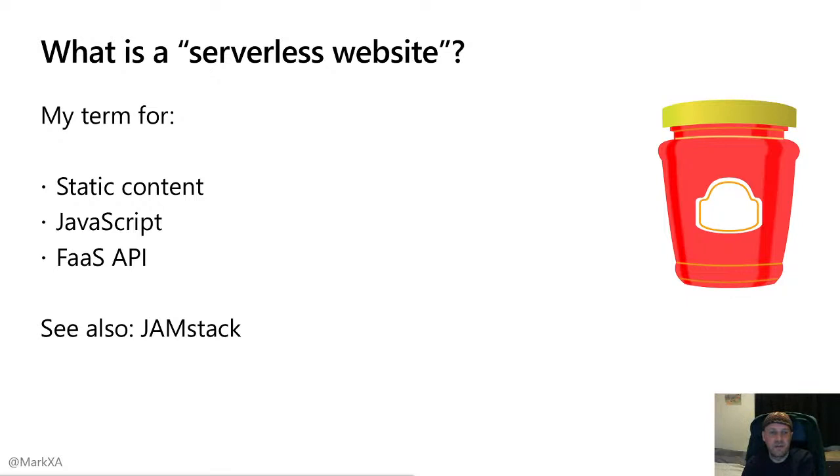And as long as you're running that on functions as a service, some sort of serverless API stack, then you can scale up and down and get all those nice serverless benefits on a fairly traditional website. This is often known as the Jamstack, which stands for JavaScript, APIs and markup. So in other words, JavaScript, functions as a service API, and HTML markup.